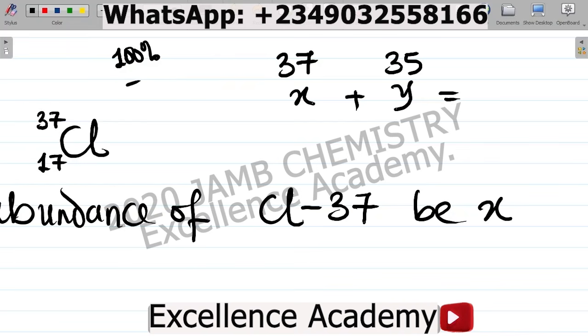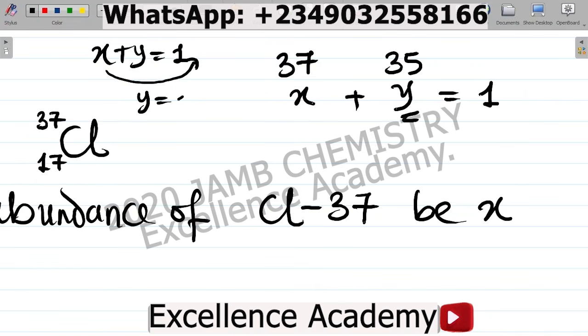So we're working with fractions, and we take this as 1. Let's express y in terms of x. If x plus y is equal to 1, to get y, I'll move x over here. So y will be equal to 1 minus x. So in essence, if the relative abundance of chlorine 37 is x, that of chlorine 35 becomes 1 minus x, which is y, as we just showed you here.